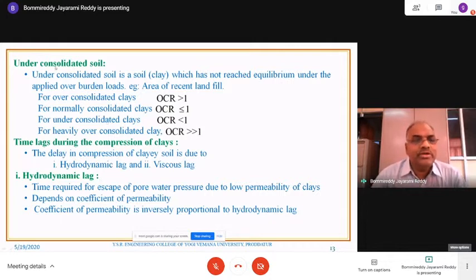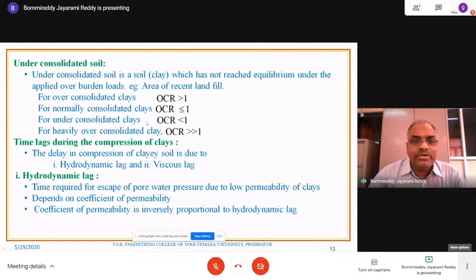You know the meaning of it: the soil is not consolidated fully, so the soil is now going to consolidate. For example, land filled with recent material is not consolidated. It is going to consolidate as time goes on.